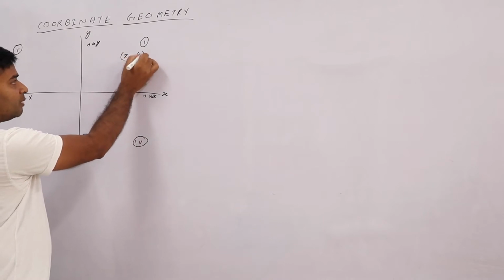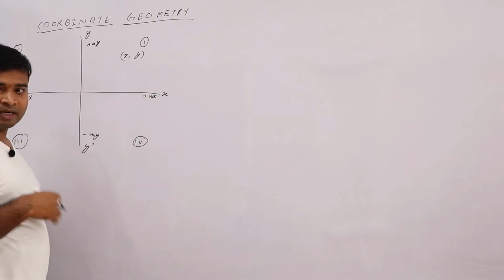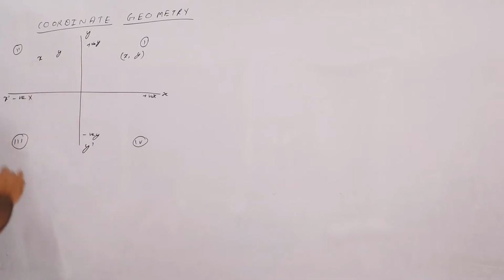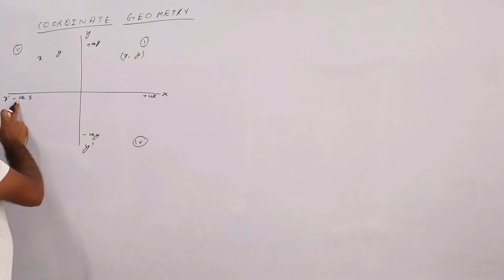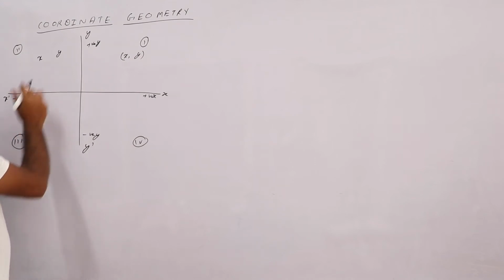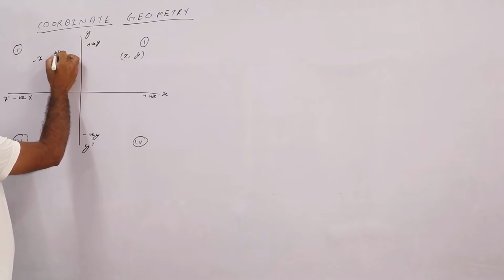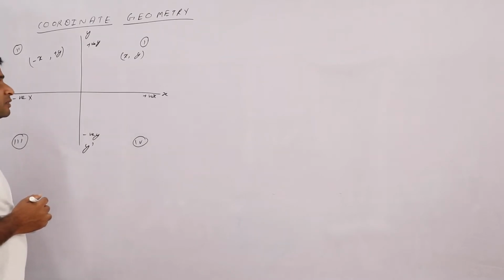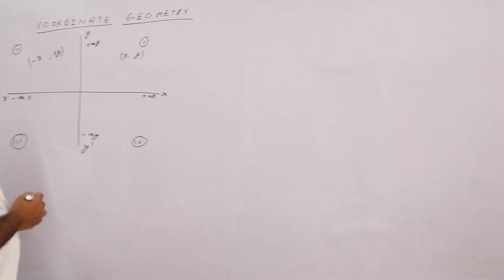In the second quadrant, x is negative and y is positive, so here it is minus x comma plus y. Correct?